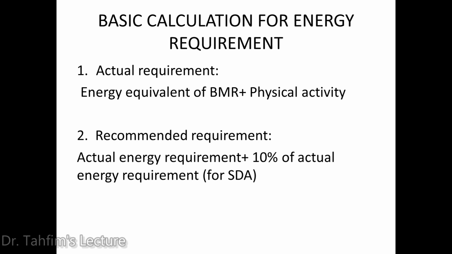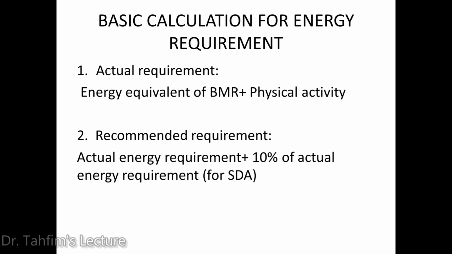And what is recommended requirement? Here, actual energy requirement plus 10% of actual energy requirement for SDA. That means when 10% extra energy for SDA is added with the actual energy requirement, that is the recommended requirement.